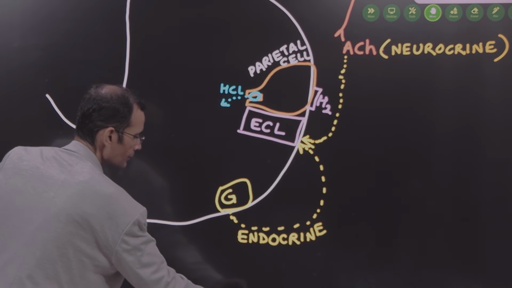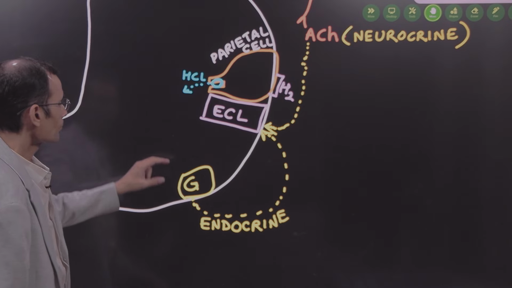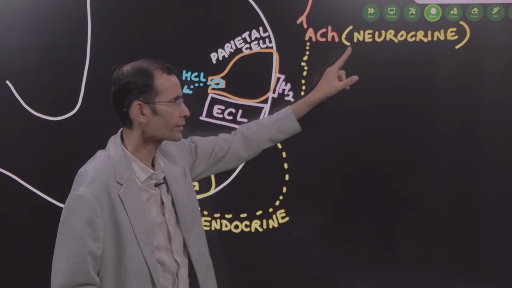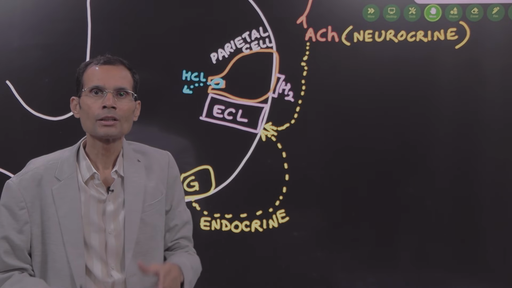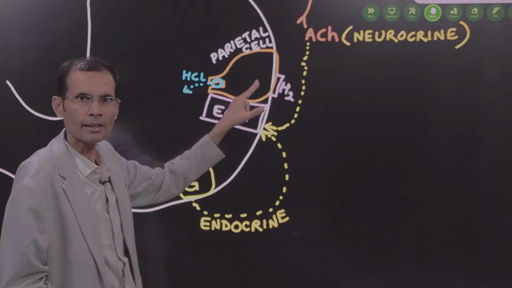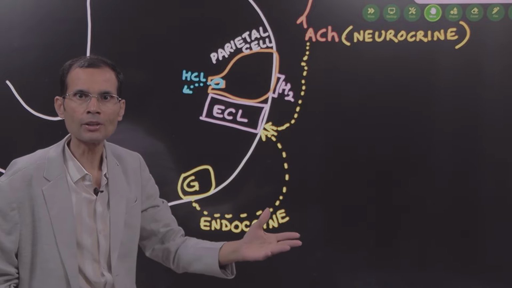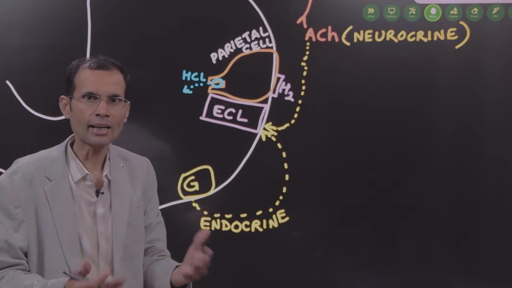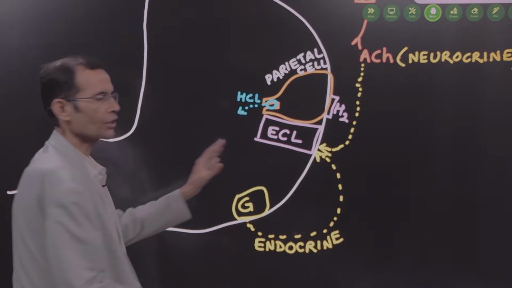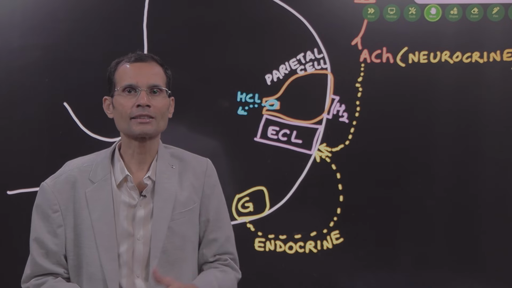So let's understand this. Look, gastrin and the vagus, that is acetylcholine, can act independently on the parietal cell via their own receptors. They can cause gastric acid secretion. However, their more potent action is via histamine.